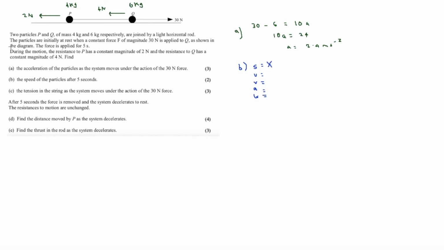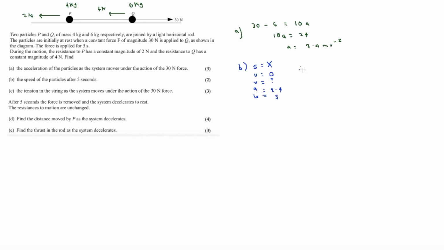Then U is going to be 0, it's initially at rest. V, that is the thing we're trying to work out, as we're looking for the speed after 5 seconds. A, we've just worked out, is 2.4, and then T given in the question is 5.